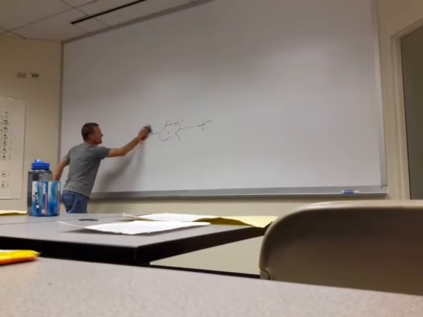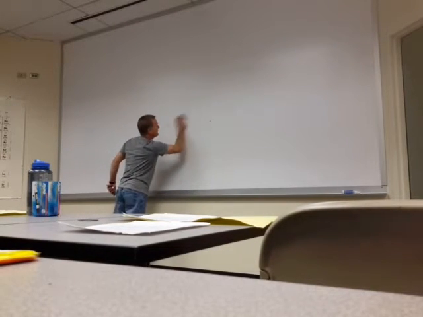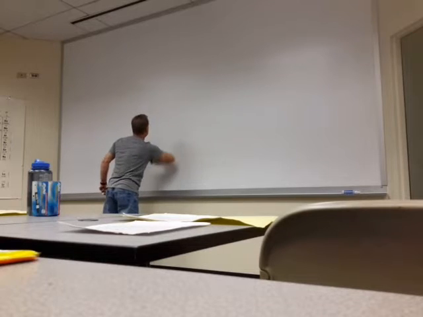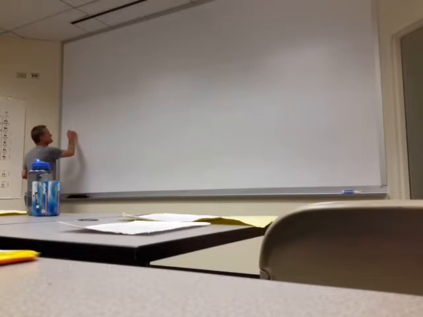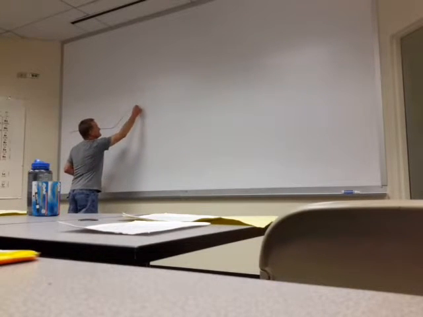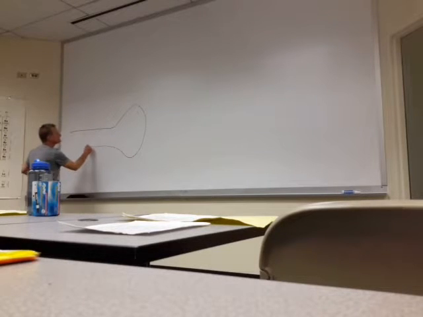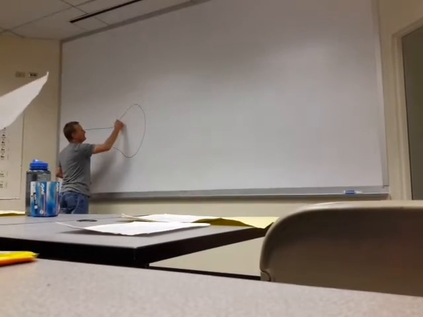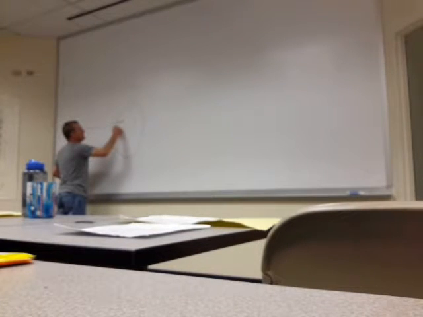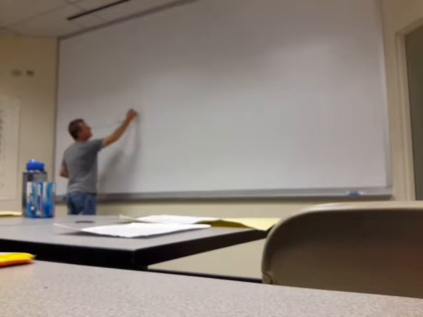Doesn't matter whether it's nerve, muscle, nerve, gland. The most common neurotransmitter is acetylcholine. This is called the axon terminus.